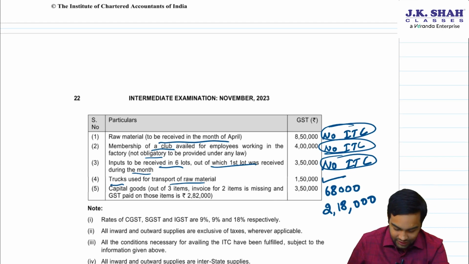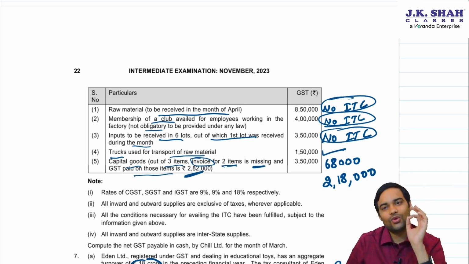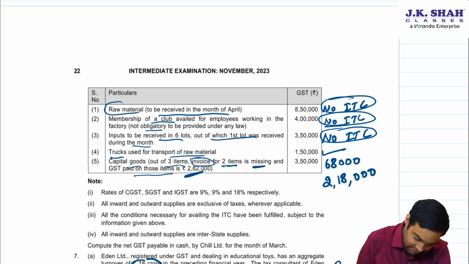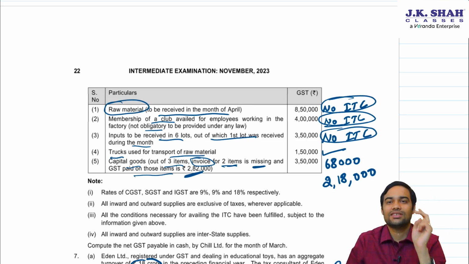Truck used for transportation of raw material. Yes, truck should be eligible for ITC. Capital goods, out of 3 items, 2 items invoice is missing, and GST paid is 282. So if you don't have the invoice, if you don't receive the goods, then there is no question of availing ITC, because these are the conditions to avail ITC.